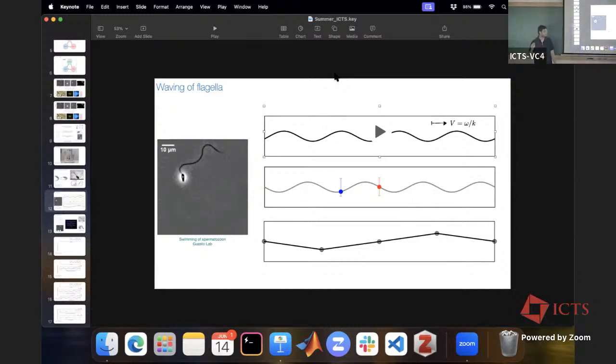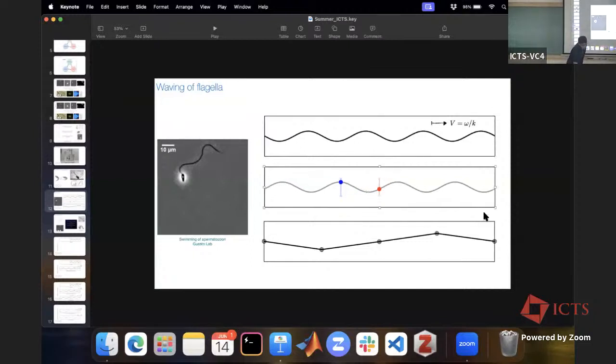If I take two markers on the filament and see how they are moving, remember they are not actually moving with the wave, they are just going up and down. That's a property of waves. You just go up and down, and then you transfer information. So that's one thing that I would like you to remember.